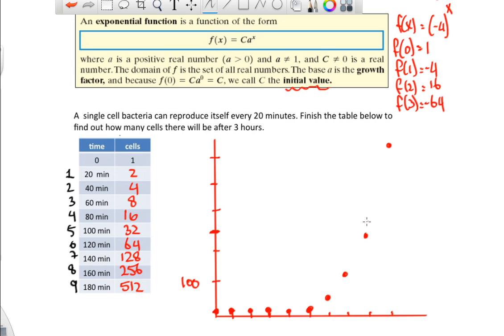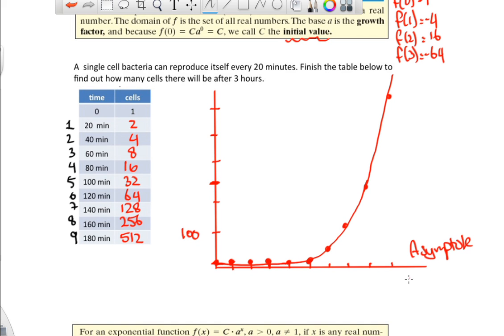And so an exponential function looks like this. It increases very rapidly once it really starts to increase, and then it approaches the x-axis. So this is actually an asymptote, the x-axis.